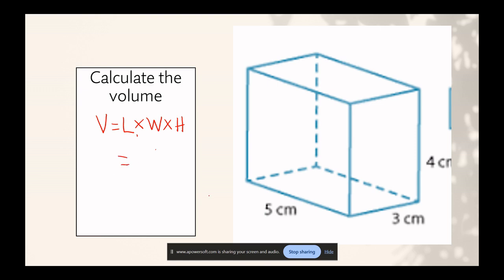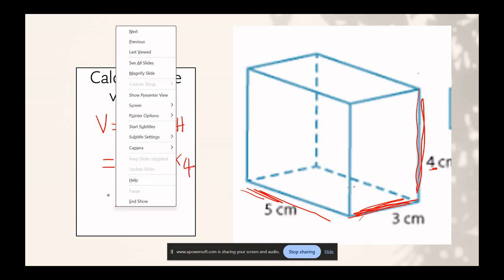The length in this diagram is here. It's 5 centimeters. So length is 5, times the width, which is what's on the side, which is 3, times the height, which is going up. And we can see that that is 4. So my length is 5, my width is 3, my height is 4.